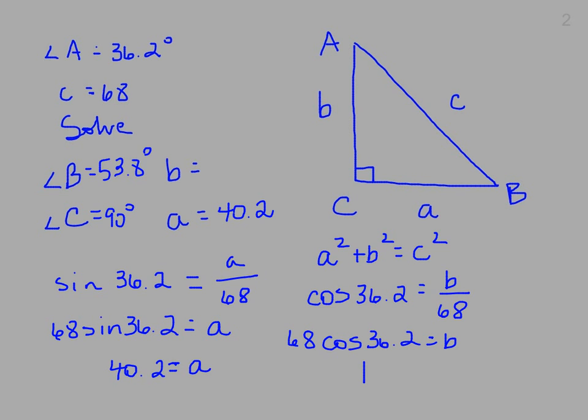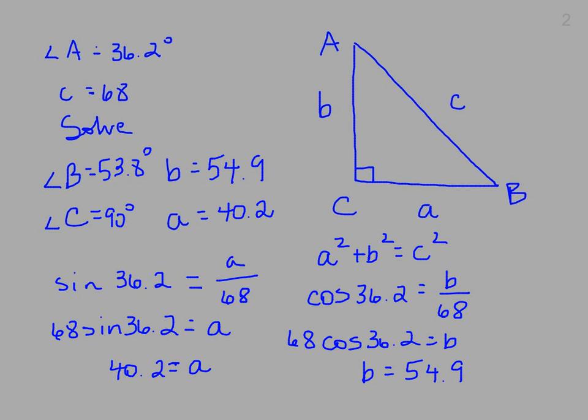And then, once I do that, my side B is 54.9. So once I have all my sides and all my angles, then my triangle is solved.